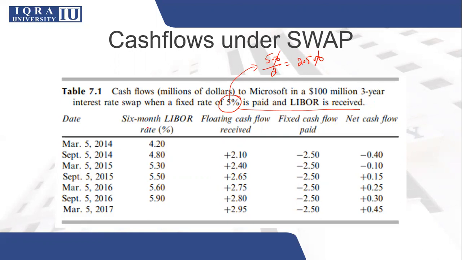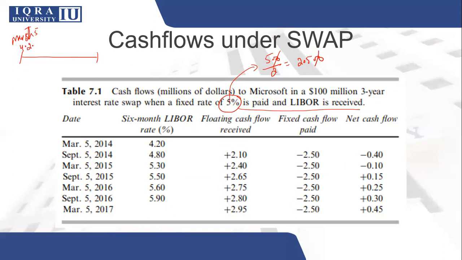Now over here you can see that the LIBOR rates have been given. Moreover, you should note that the LIBOR rate is set at the beginning of the period and then the payment is going to happen at the end of the period. So on March 5th, when the contract started, the LIBOR rate was 4.2%.